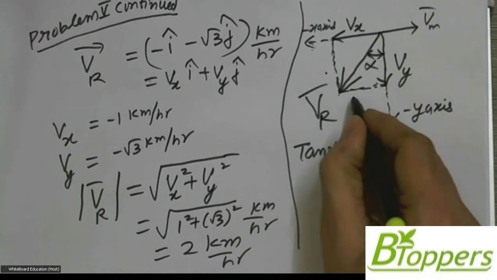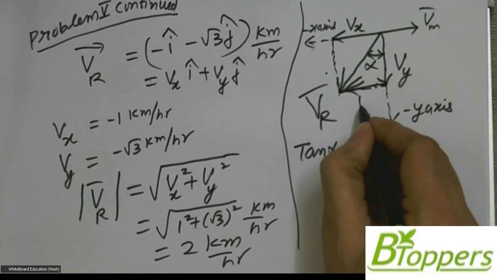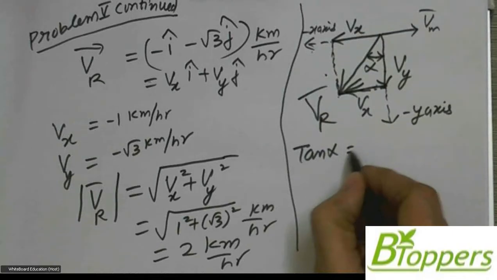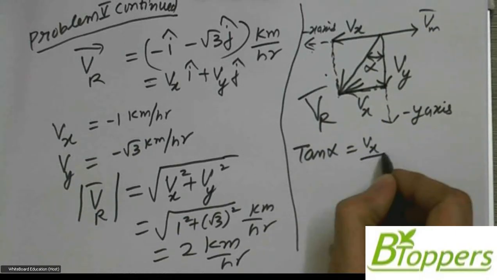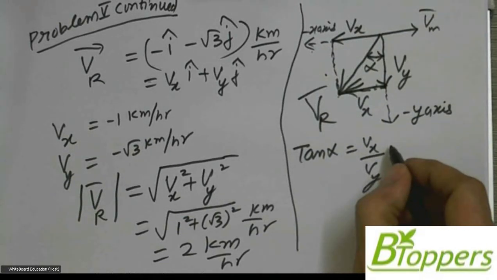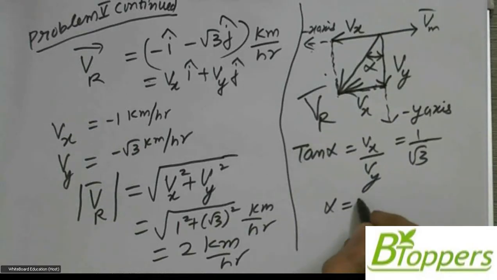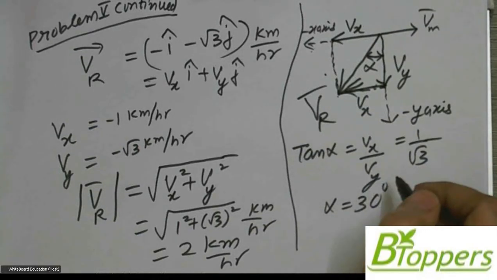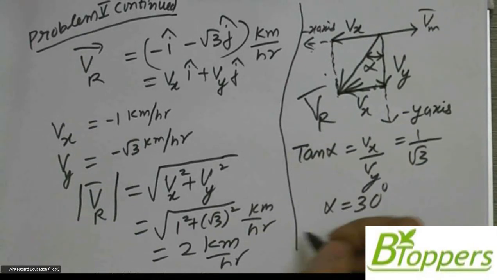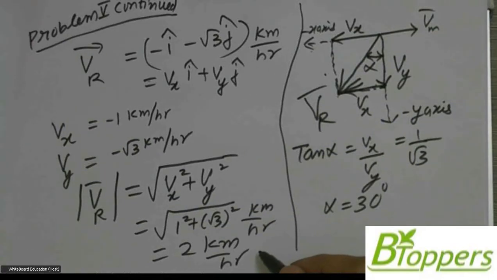So tan alpha you can write as Vx by Vy. That comes out to be 1 by root 3. You get alpha equal to 30 degrees. That means the magnitude of the actual velocity of raindrops is 2 km per hour, and the direction makes an angle of 30 degrees with the vertical.